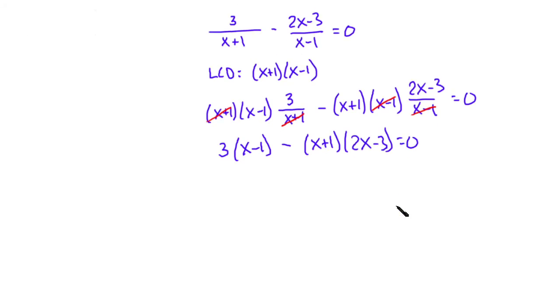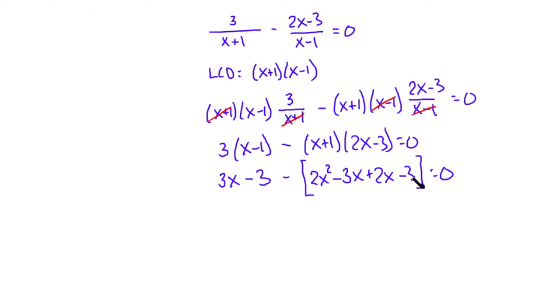Now we're going to expand this expression, so it's going to be 3x minus 3. Now because there's a minus sign here, I'm going to put this expansion of these two binomials in brackets to start with. So we're just using FOIL here. x times 2x is 2x squared. x times negative 3 is negative 3x. 1 times 2x is 2x. 1 times negative 3 is negative 3.